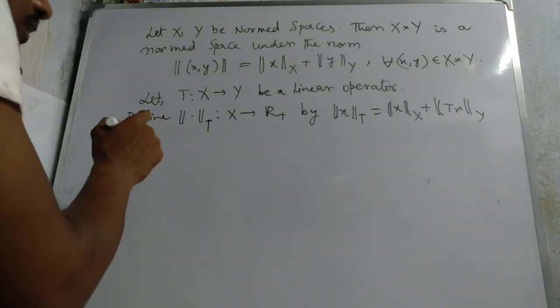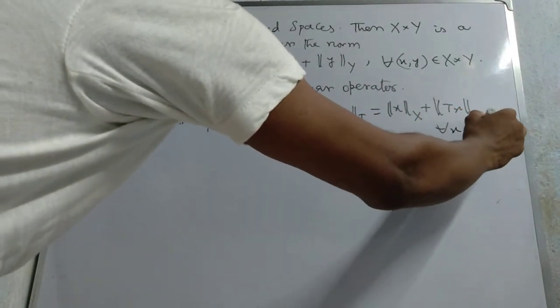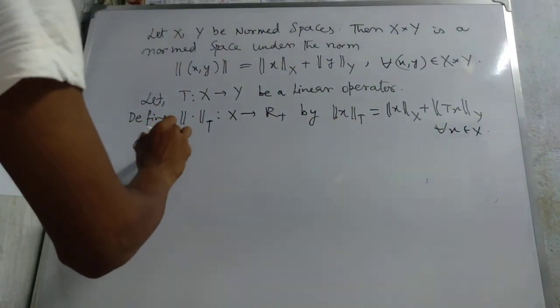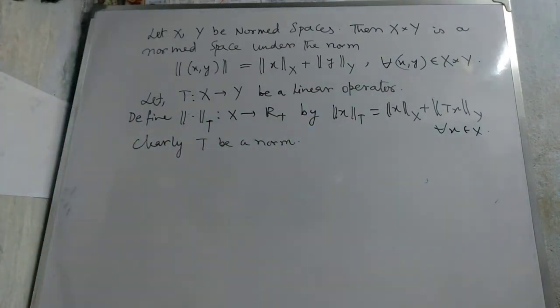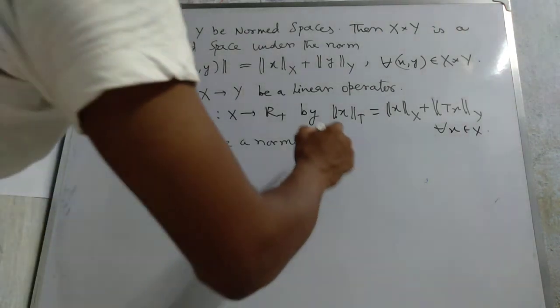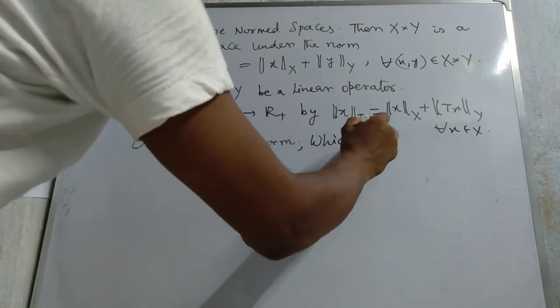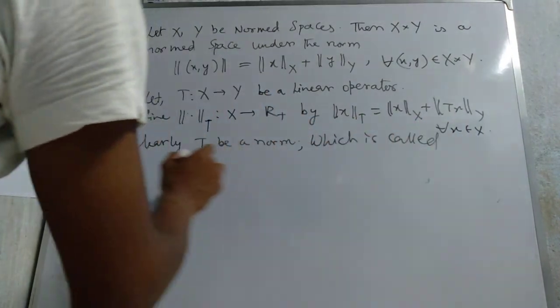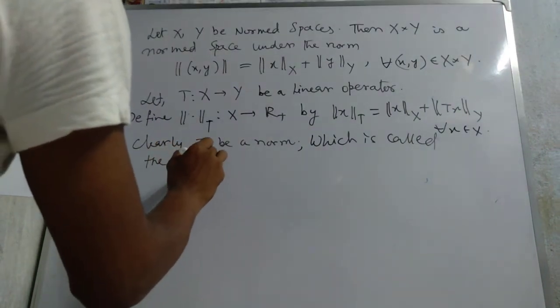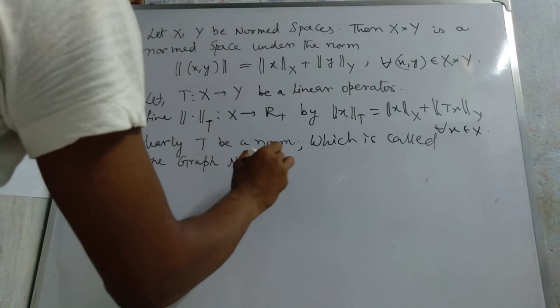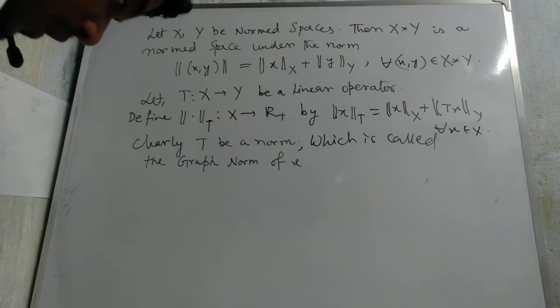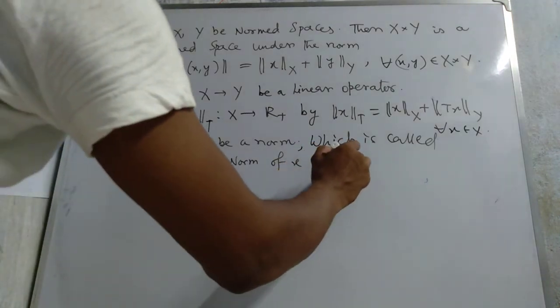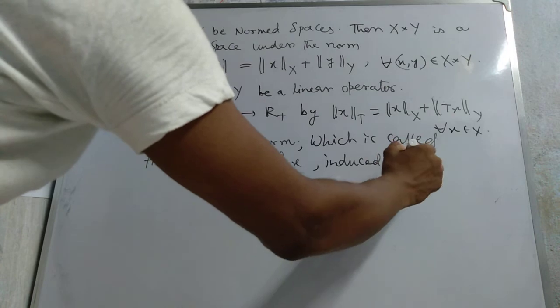Then clearly this is a norm for all x belonging to X, which is called the graph norm of x induced by T.